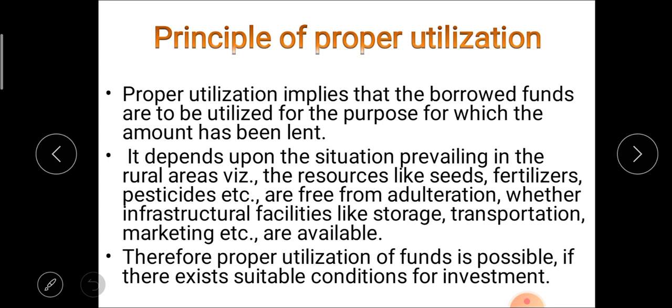So whatever the purpose the loan is borrowed for, it must be used for that purpose only. This is the principle of proper utilization.